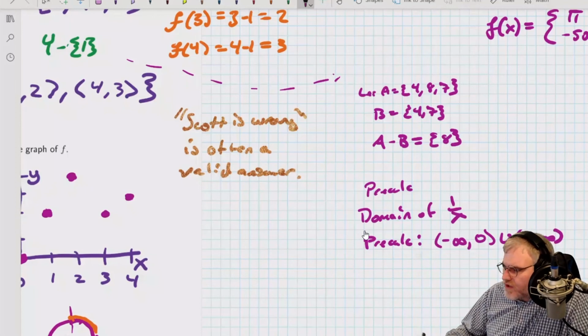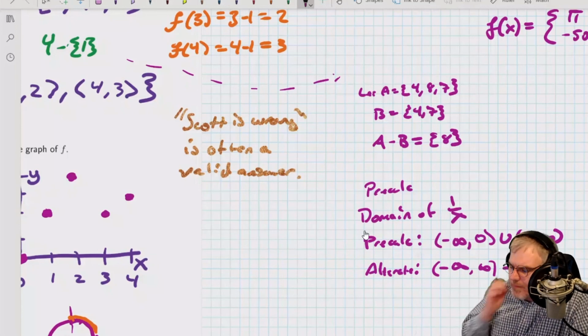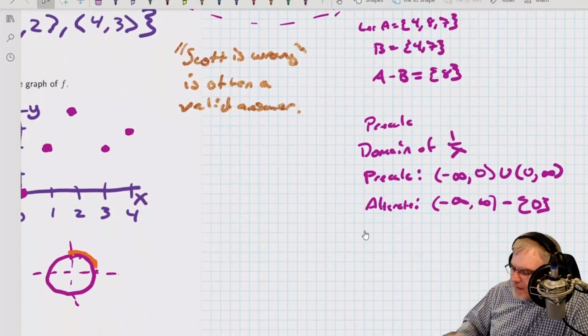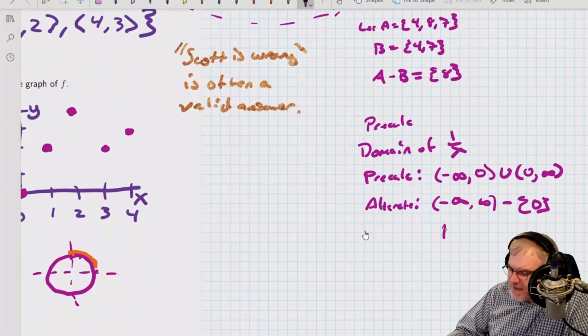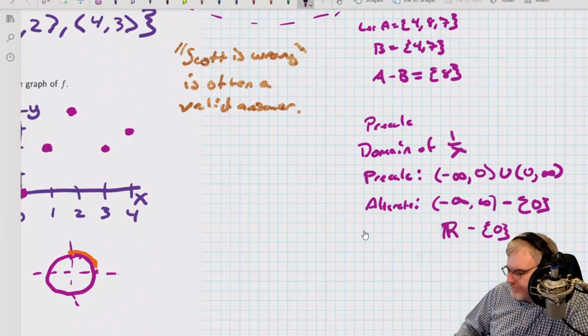But I could also write it alternately. I can also write this as negative infinity to infinity, removing 0. This says all real numbers except 0. So it's just a different way to write it. It's a good question.